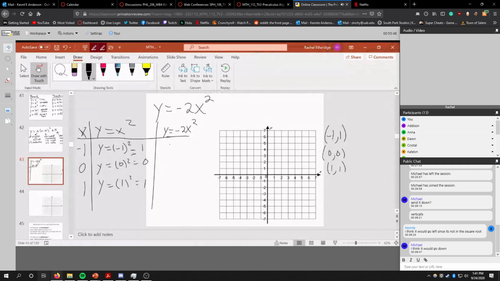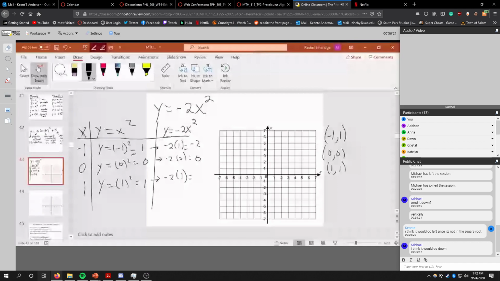The -2 stretches the graph and it reflects it. So what you do is you take this value right here and you multiply it by -2. So you get -2, still 0, and then you get -2.